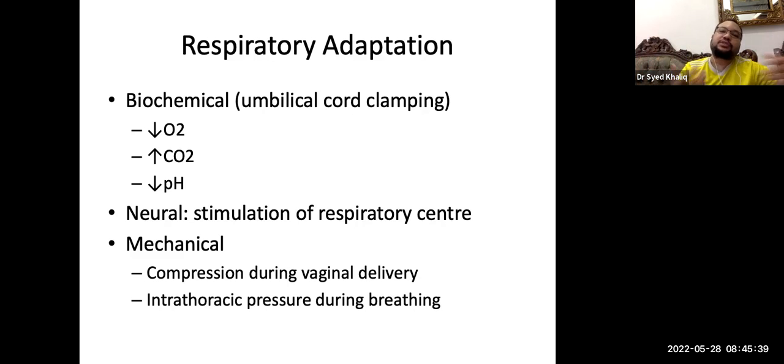The cardiorespiratory center starts to fire up and stimulates the baby to breathe more. And mechanically, as mentioned before, there's compression during vaginal delivery, and when the baby inspires, it reduces the intrathoracic pressure. It sucks air from the environment into the chest.